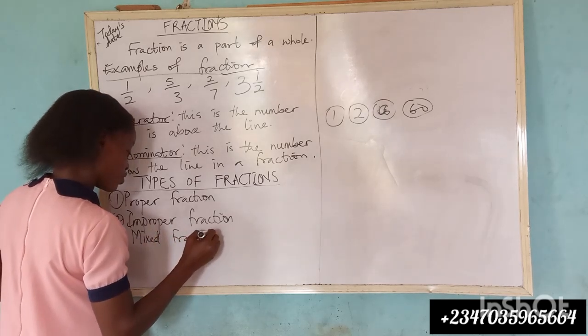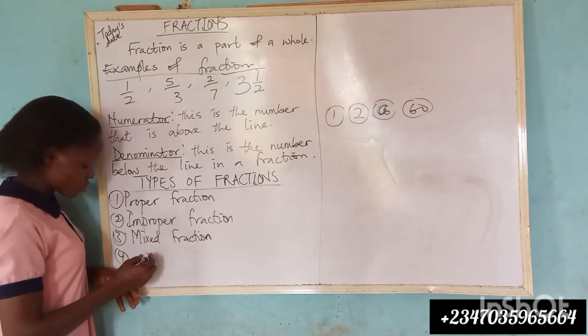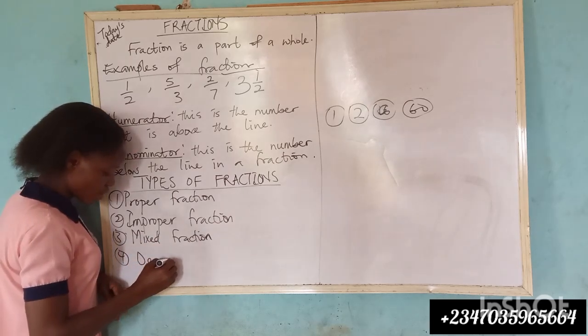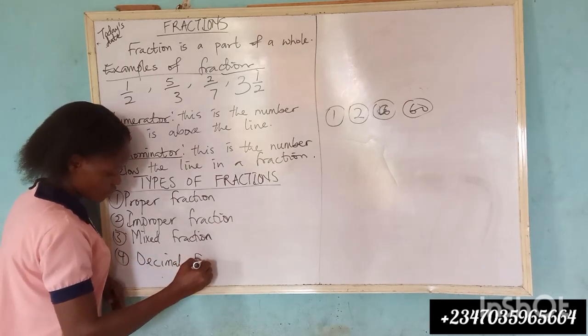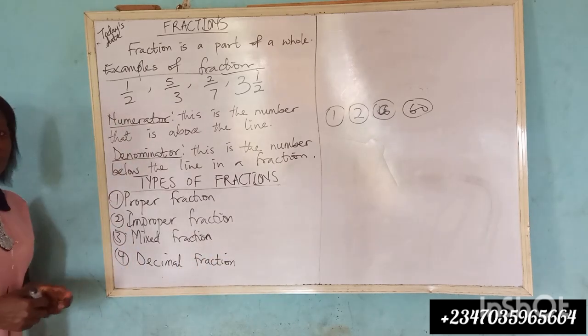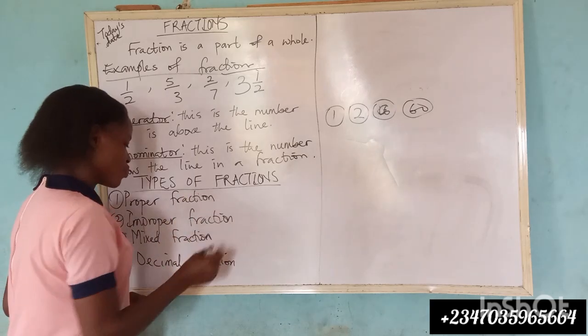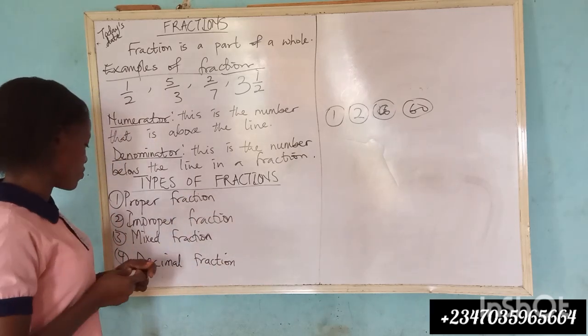And the fourth one, we can call decimal fraction. Let me give us examples so that you can be able to differentiate between all these fractions when you see them.